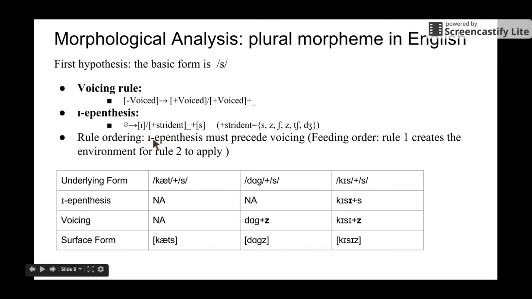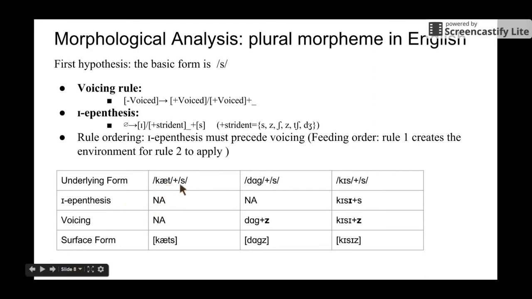We can try this first. The epenthesis rule precedes the voicing rule. Then we got this table here. And actually, this is the right ordering. And this ordering is called the feeding order. Okay, we are going to talk about this in a minute.